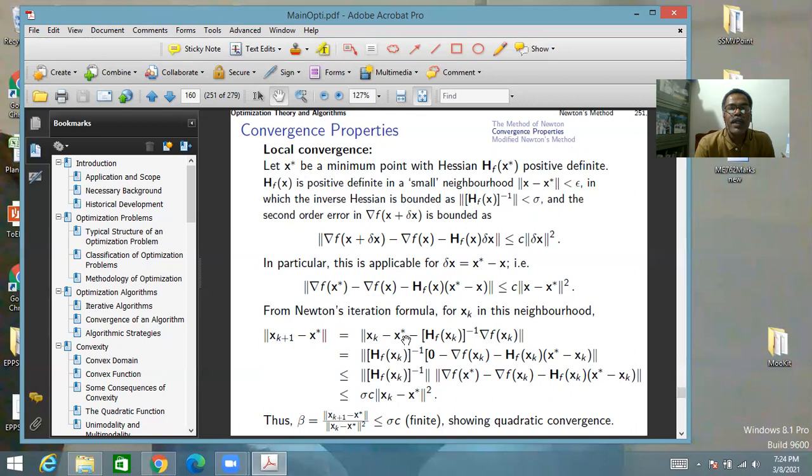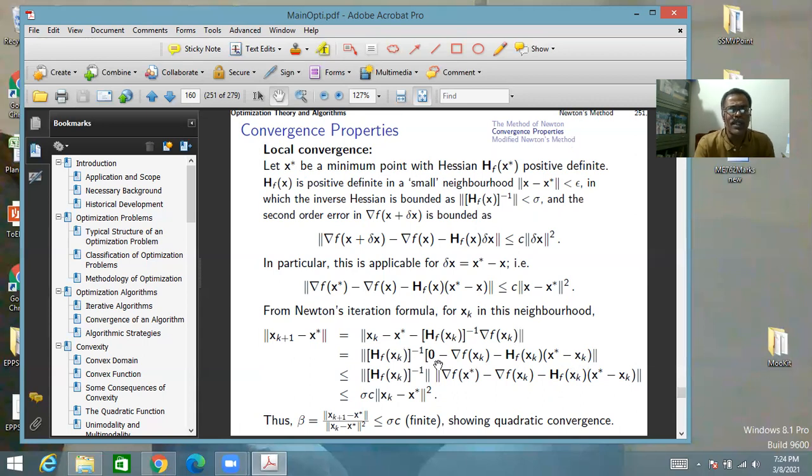Here, in the next step, this Hf(xk) inverse has been taken out, and everything else, whatever remains, is put inside this bracket together. Now, here Hf inverse was there, so minus grad f(xk) comes as usual. 0 I have put from my own hand.